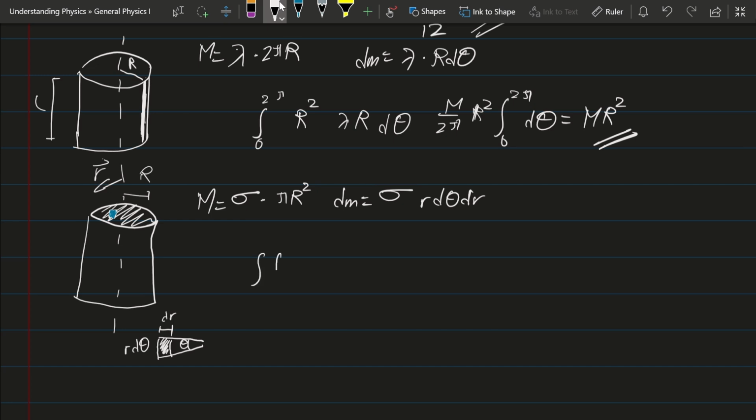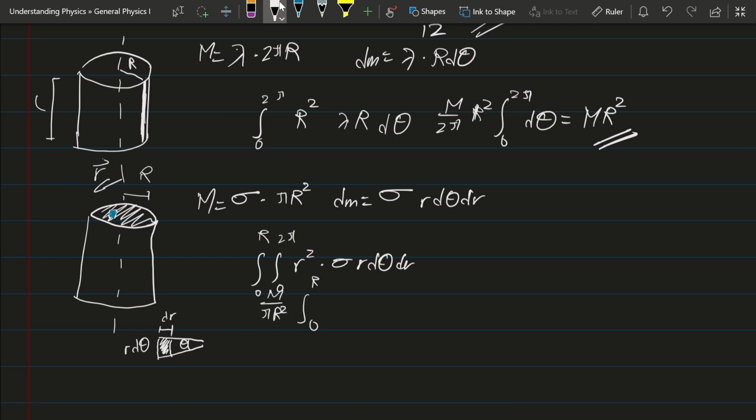So doing the integral, the r would be just r, so it's r squared, multiplied by sigma r d theta dr. And then setting up the boundaries, we know the theta will go from 0 to 2 pi anyways, while the radius goes from 0 to the radius. And so if I do this integral correctly, the sigma is m over pi r squared.